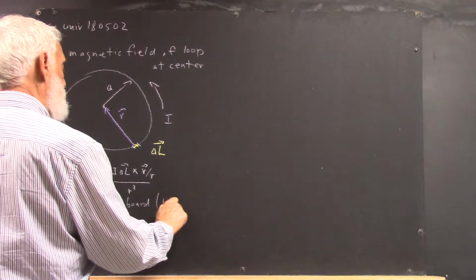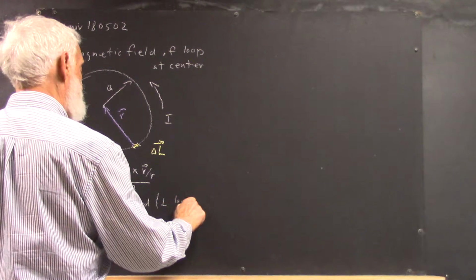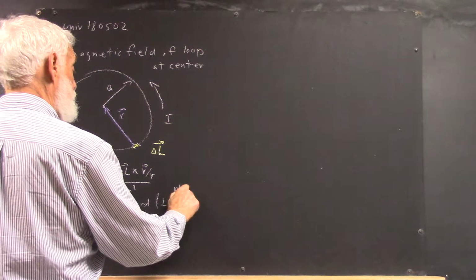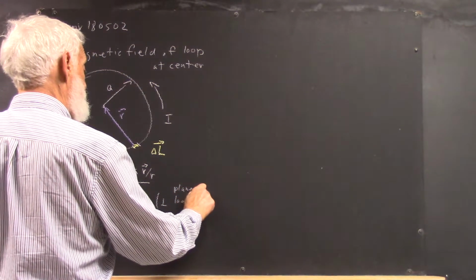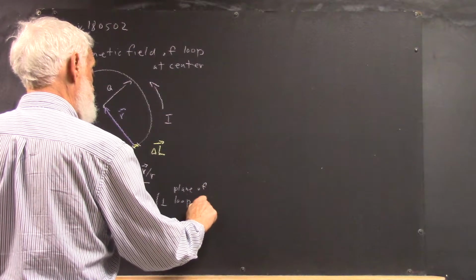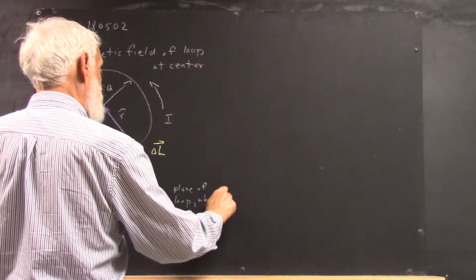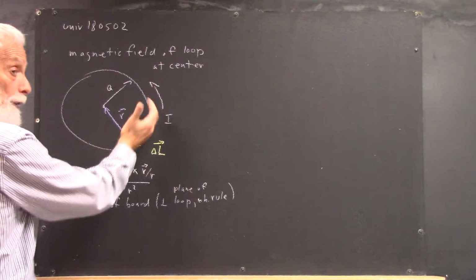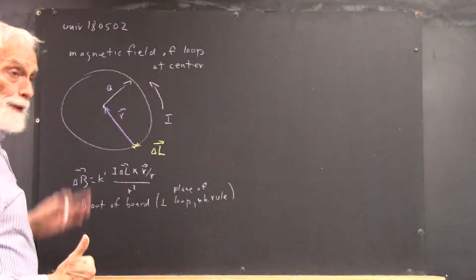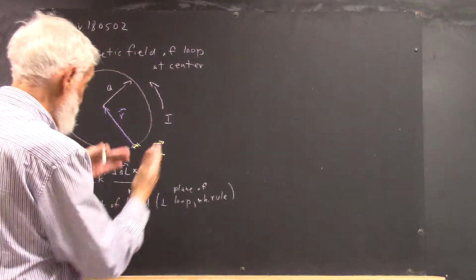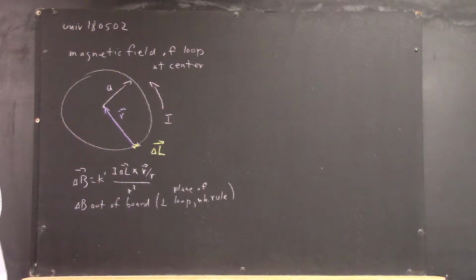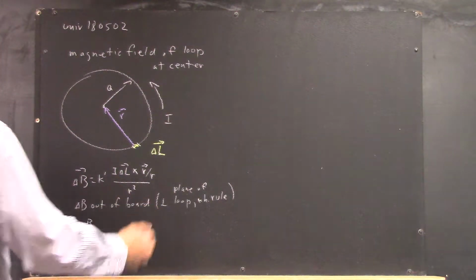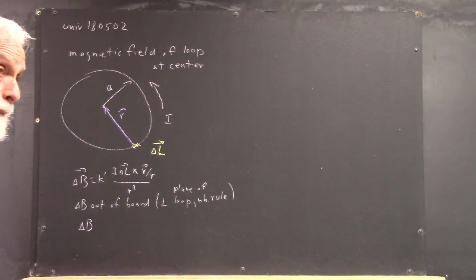It's perpendicular to the loop, or the plane of the loop. And you've got a right-hand rule, which says that if your fingers are in the direction of the loop, it gives us exactly what I just said, and we can see why. Okay, so what is delta B? I'm not going to put the arrow over because I'm just calculating the magnitude, right?